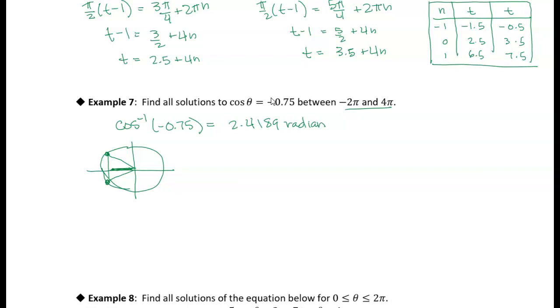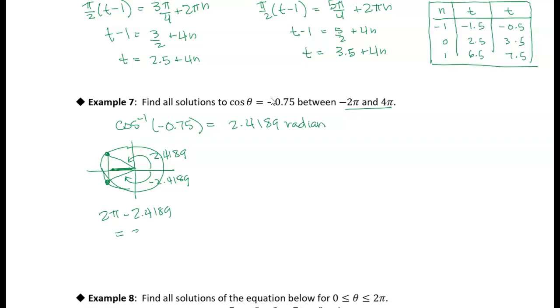All right, so we already know that cosine inverse is going to give us an angle between 0 and pi. So we know that this angle is 2.4189 radians. And I can find the other angle by taking 2 pi and subtracting 2.4189 to get this other angle here.